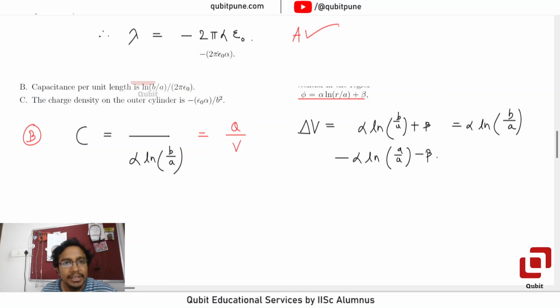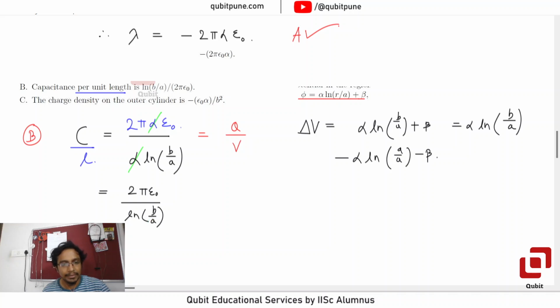Charge per unit length is negative 2 pi alpha epsilon naught. We need capacitance per unit length only. So it will be 2 pi alpha epsilon naught. Alpha will get cancelled. So we will get 2 pi epsilon naught upon ln b by a.